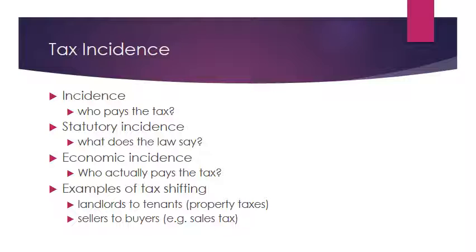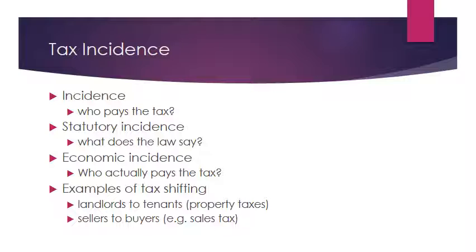Can these two be different? Can the statutory incidence be different from the economic incidence? Can the law say that one person should be paying the tax whereas another person is actually paying the tax? Think, for example, of property taxes. Usually the law says that the owner of the property is the one who pays the tax.